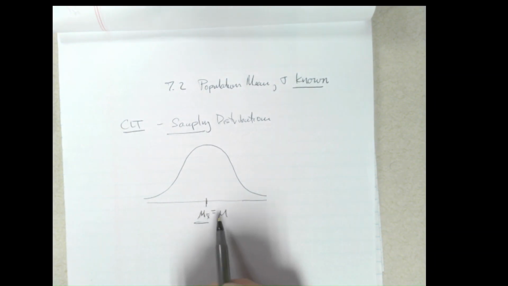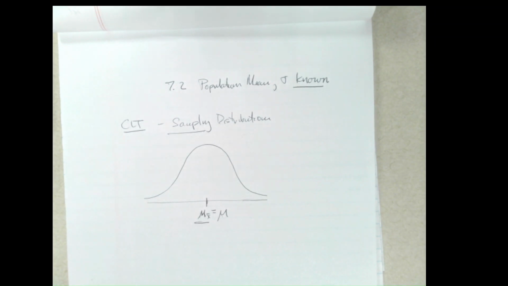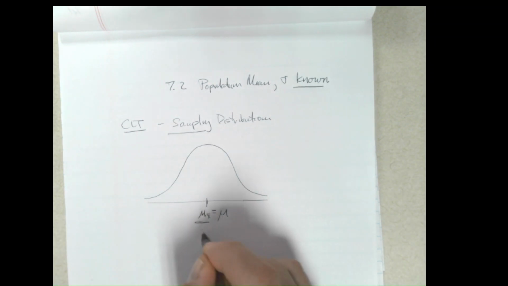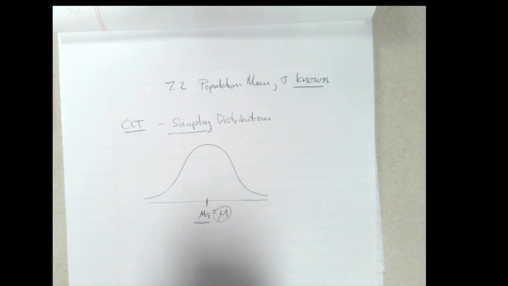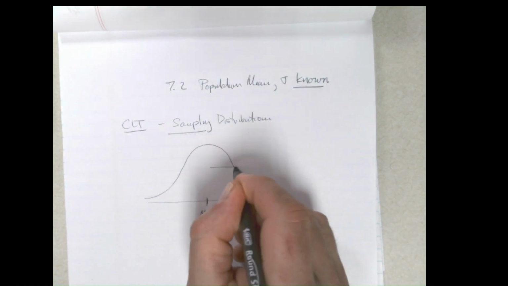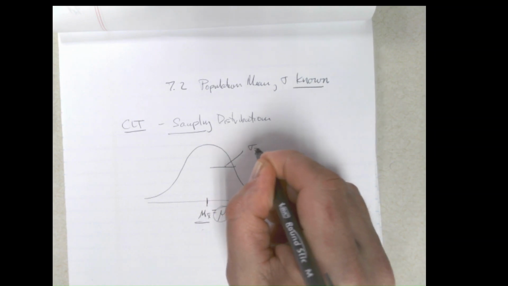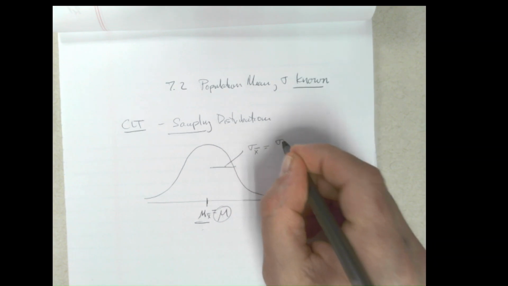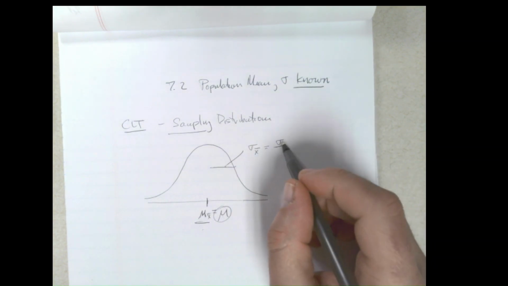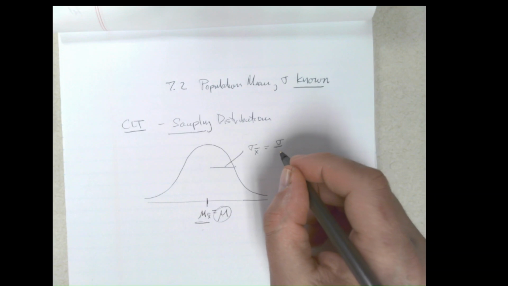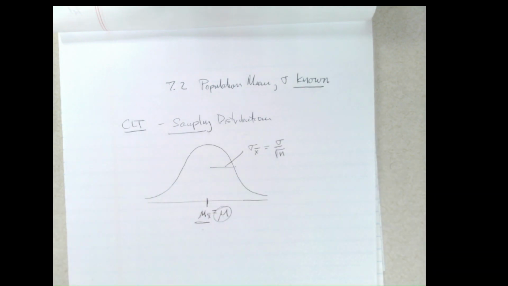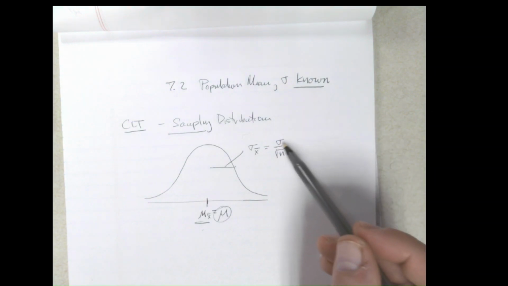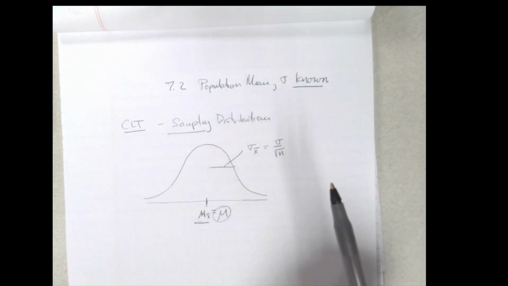And these two values are equal even though you get them in a different way. But we're just going to concentrate on the population mean here. And we know that the standard deviation of the sampling distribution of sample means is equal to the population standard deviation divided by the square root of the sample size. All right, and this we know. So this is what we're doing in this section here.